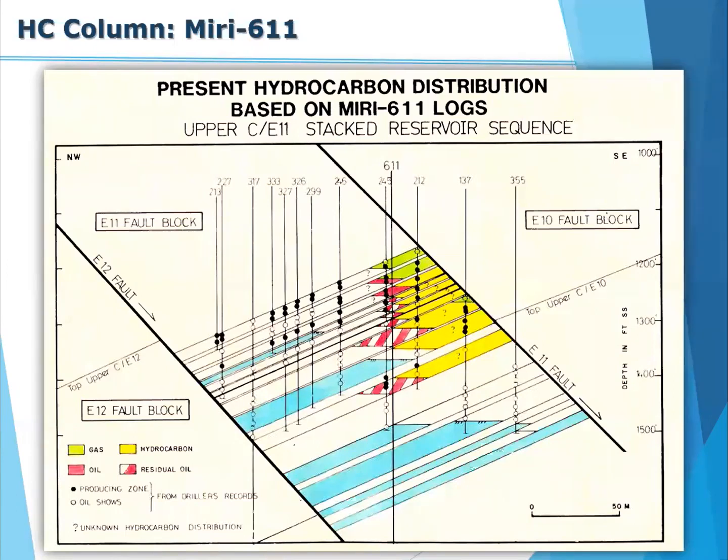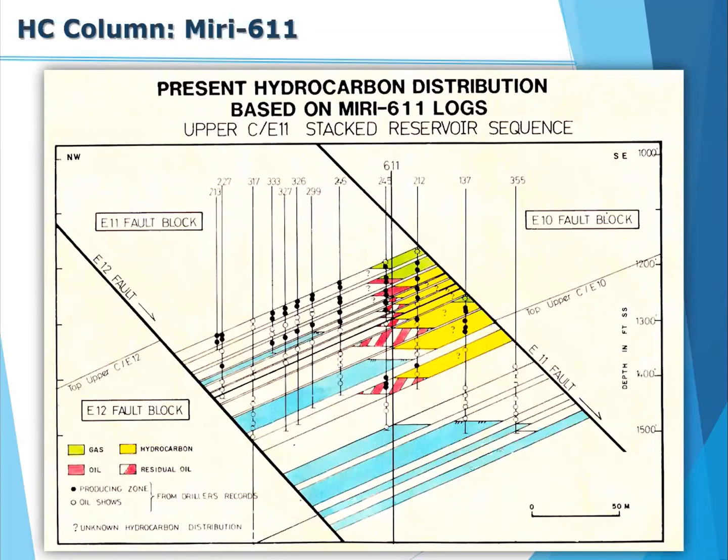But in the old days, they had no clue that this was happening. So they commingled the whole thing and produced it. And then very quickly, the water was coming in. And the water always goes to the best permeable reservoir first. The nicest sands with the best permeability are the ones which water out very quickly. And the very poor ones take longer to deplete, but you have also transition issues in those poor reservoirs.